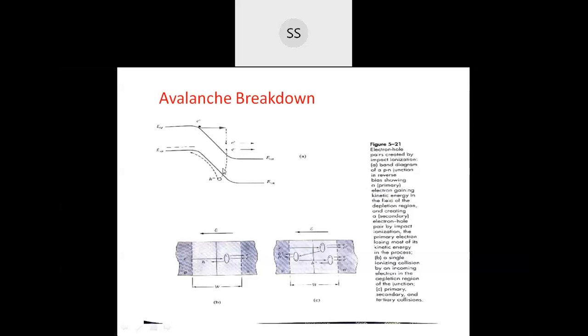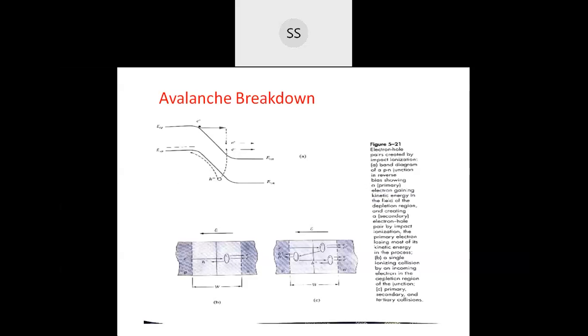Because of this, there is a multiplication of the number of carriers, so the degree of multiplication will keep on increasing. Within the transition region, the newly generated electrons also undergo repeated collision. An incoming electron may collide with a lattice and create a new EHP, that is, an electron hole pair.